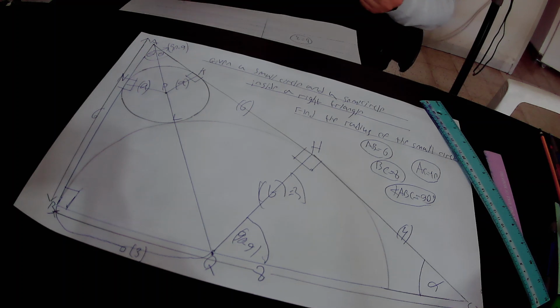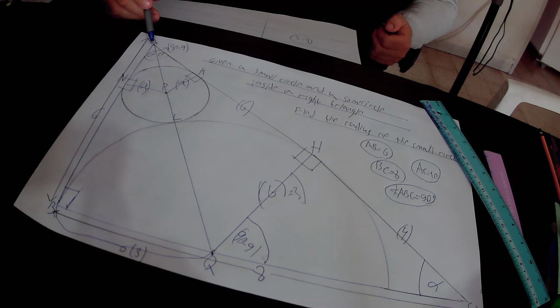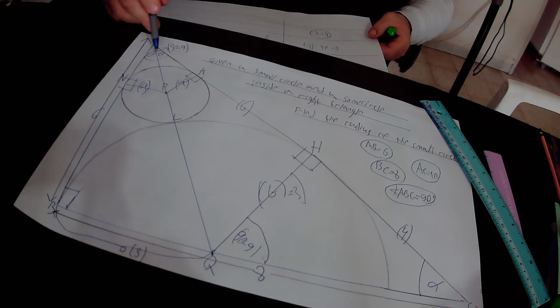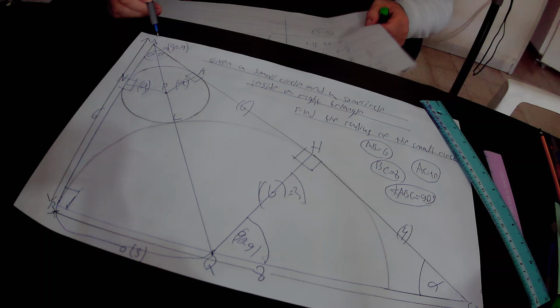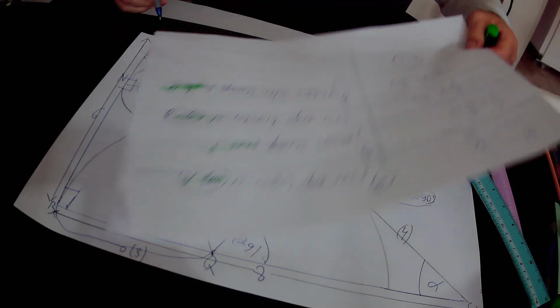And it is obvious that the angle bisector of this angle A must also pass through point A. So I write it down, the angle bisector of this angle A must also pass through point A. Is obvious?